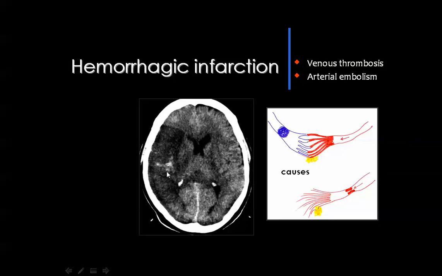And the causes of a hemorrhagic infarction are one of two. Number one, venous occlusion, and the occluded vein will prevent the flow of blood across the capillaries. Then the capillary blood pressure will be elevated, and capillaries will rupture, producing this appearance. The second cause is arterial embolism.